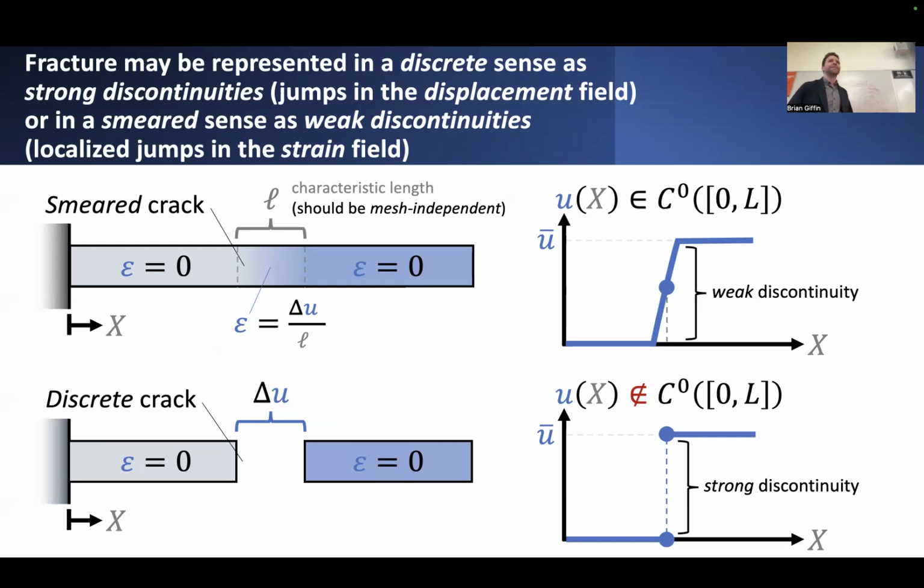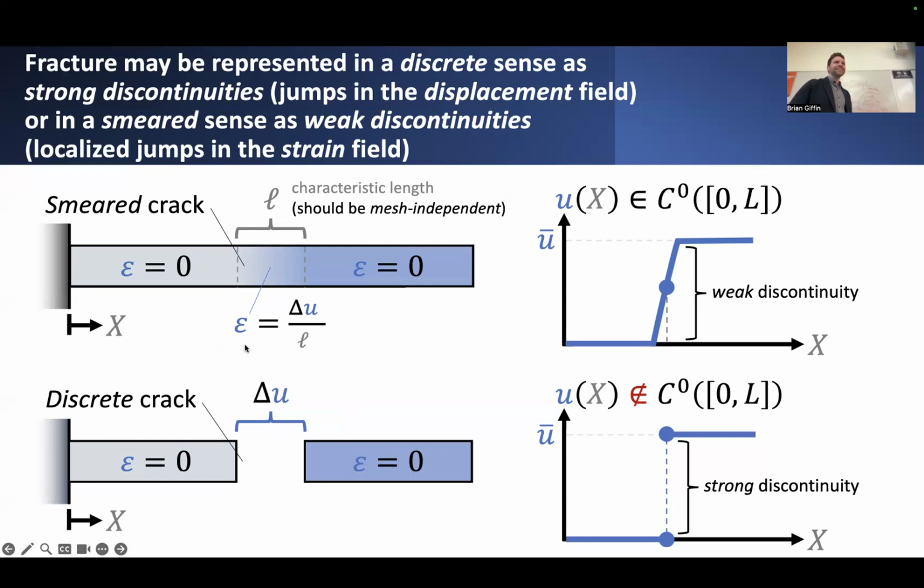at that discontinuity location. Conversely, if I said, let's smear out this discontinuity over some characteristic length L, it'd be like saying, well, okay, so strain is going to be 0 in these halves of the bar away from this localized region. But internal to this region, the strain will have a finite value. It'll be proportional to whatever extension we've applied to the bar, but normalized by whatever this characteristic length is.